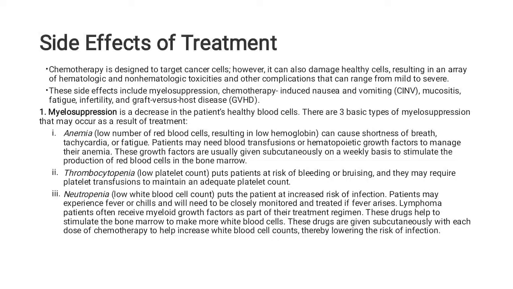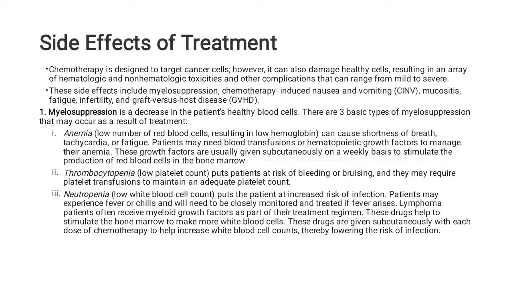There are three basic types of myelosuppression that may occur as a result of treatment. One is anemia. Low number of RBCs resulting from low hemoglobin can cause shortness of breath, tachycardia, or fatigue.